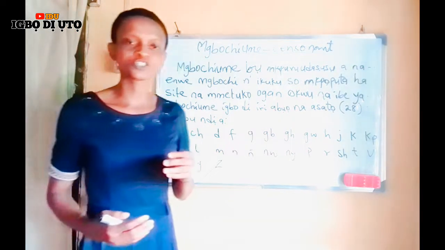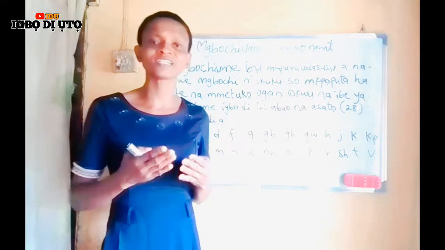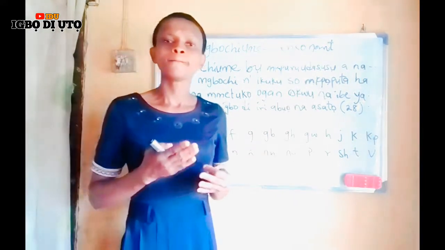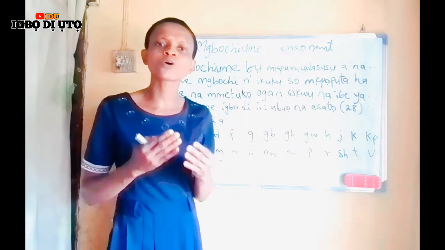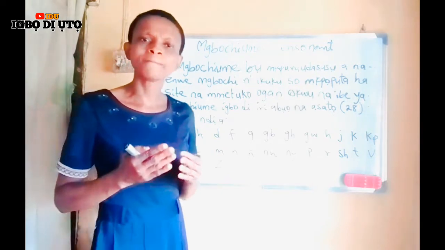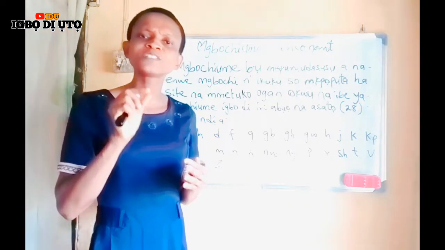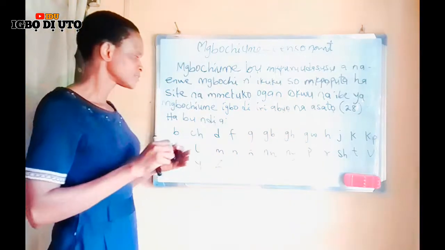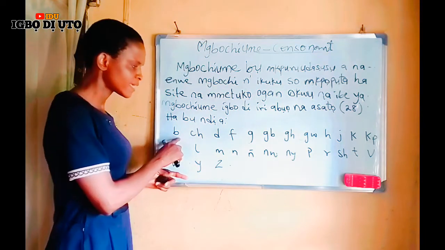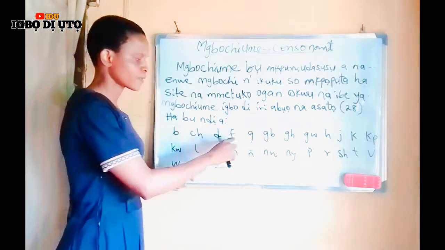So in English, consonant is a speech sound that is produced by partial or complete obstruction of the air stream by any of various constrictions of speech organs. Do you understand? The speech organs such as B, sh, v, f.